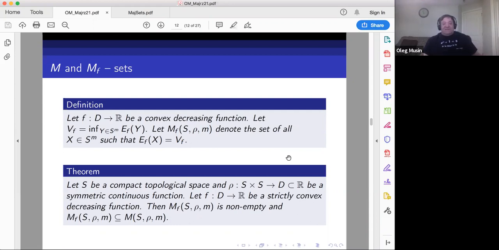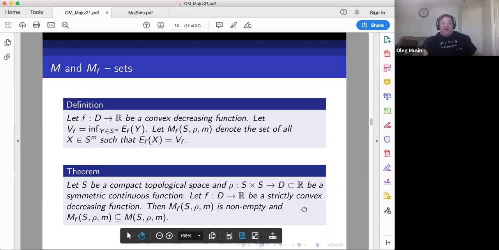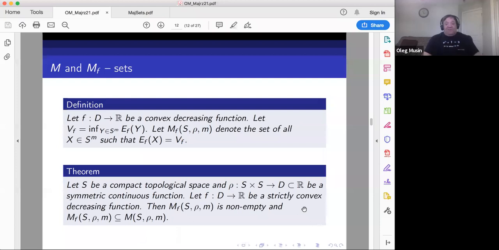It is the only solution, only one constraint: F has to be a strictly convex decreasing function. If it's not strictly convex, even on the circle, you can construct a counterexample. But if it's strictly convex, then the minimum of energy is the M set, right?